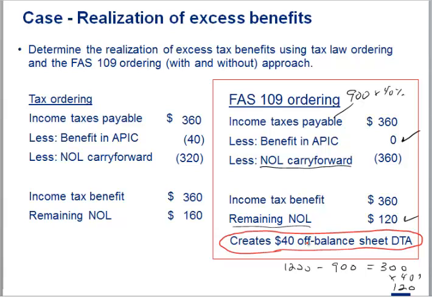Most companies use with and without ordering, although it's a mix, but I would say most use with and without ordering. And one of the great advantages to with and without ordering is your deferreds are lower. And so with your deferreds lower, you have less of a risk of having to write off those deferreds with a valuation allowance.